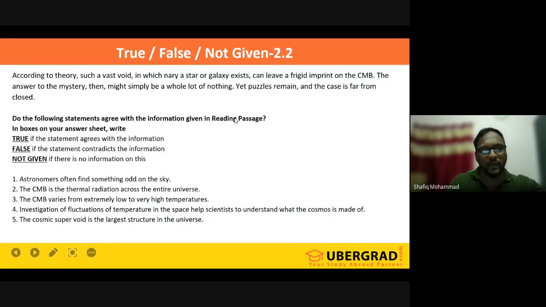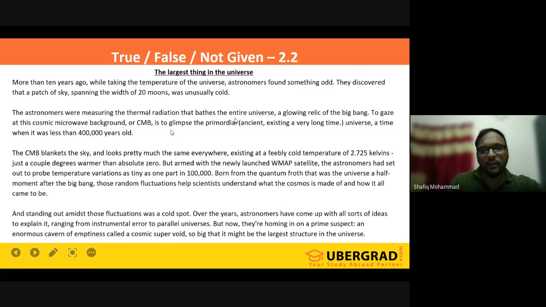Then the third one: the CMB varies from extremely low to very high temperatures. So is it very low to high temperatures or not? We need to check here. See, if we go here, to gaze at the cosmic microwave, a glimpse of the universe at a time when it was less than 400,000 years old. Then it is not there. And feebly cold temperature.